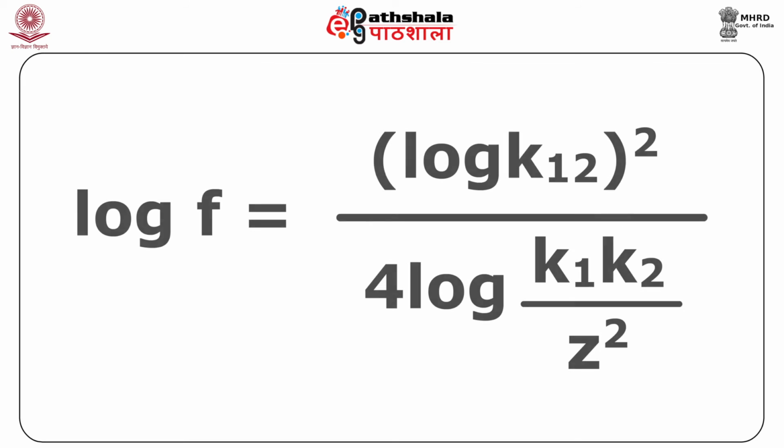The parameter f is generally close to 1 and it is given by log f equal to (log K12)^2 by 4 log (k11 k22 by Z^2), where Z is the collisional frequency.